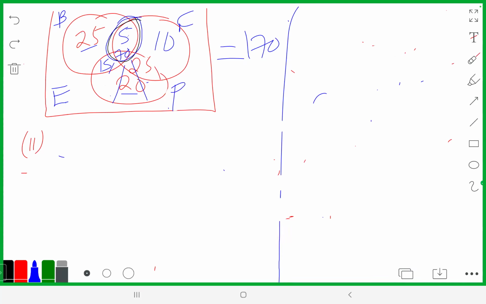Precious, what do you think? It's 25, 10 and 20.